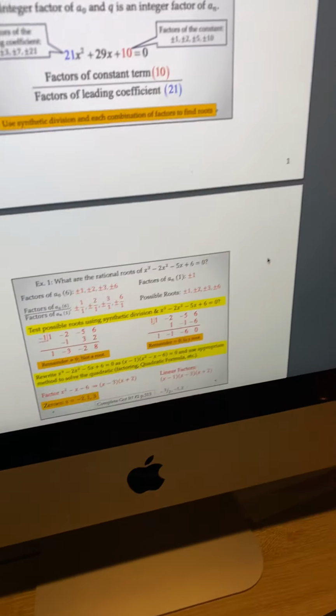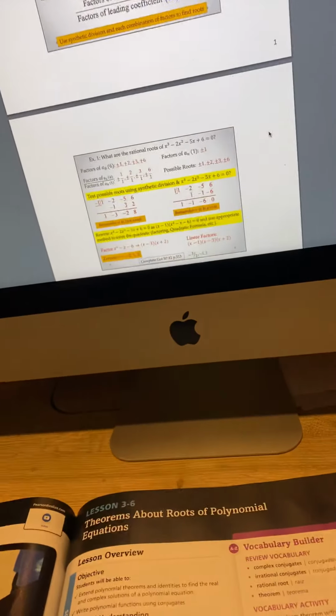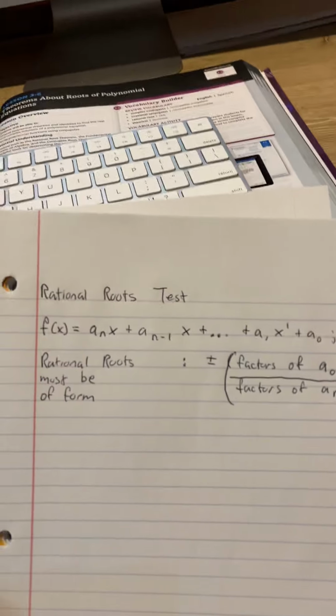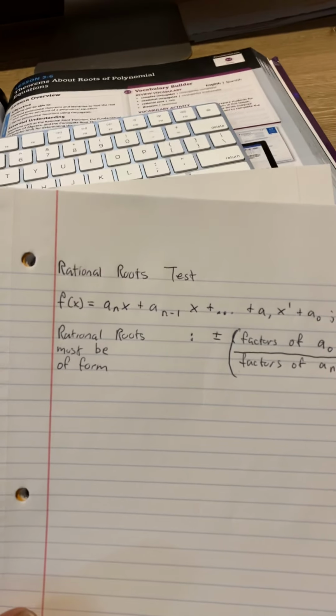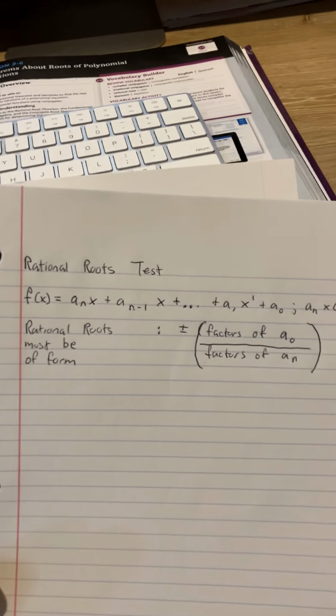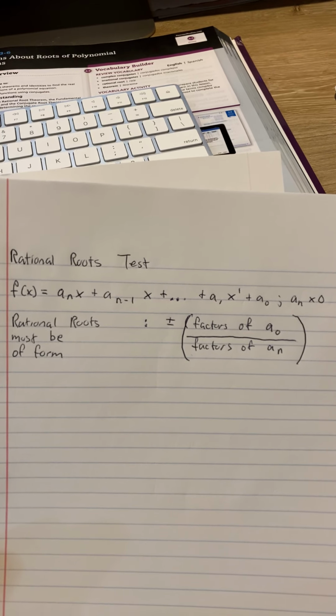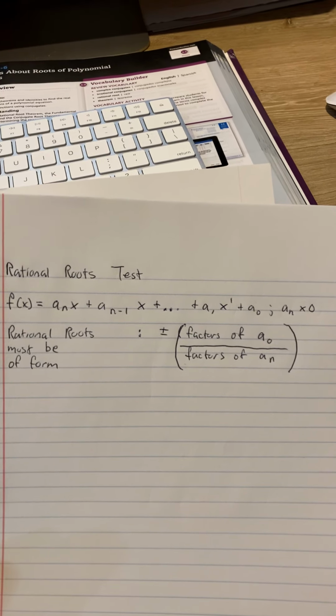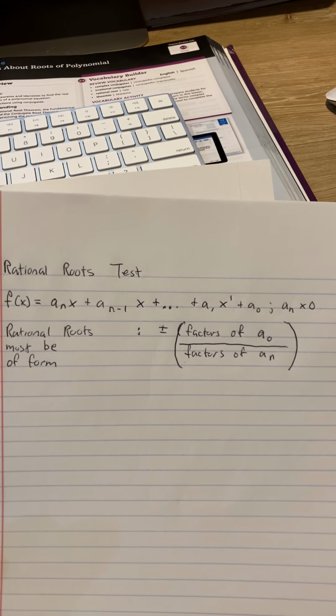So in essence, what you want to do is find the roots, and factors of a_0, and then factors of a_n.